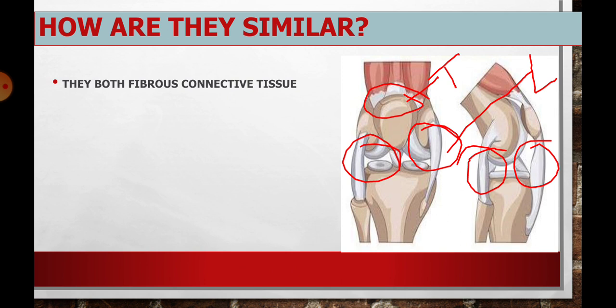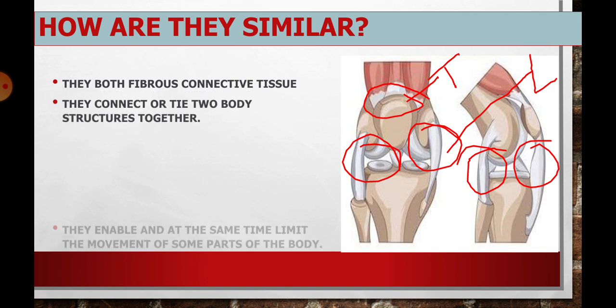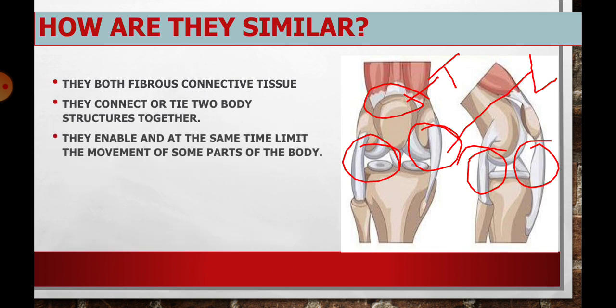They have fibers inside them and they connect different parts of our body. And both of them enable the movement and at the same time limit the movement, because ligaments restrict the movement of our bones to a point and restrict the bones from dislocation.